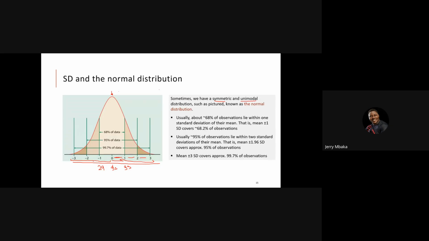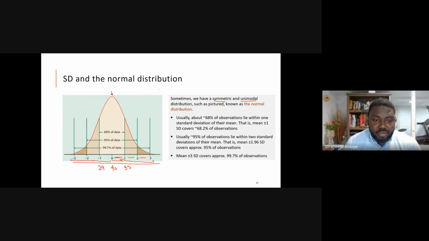Sorry, please say that again. When we have the mean of 32 and the standard deviation is 3, we can subtract 3 from 32, we get 29. We add 3 to 32, we get 35.